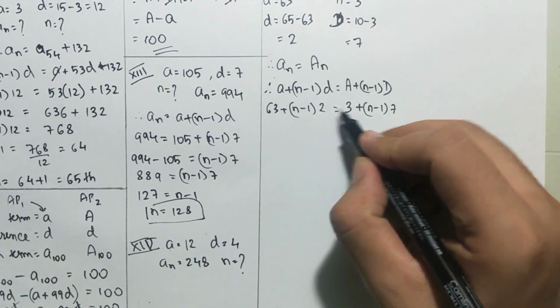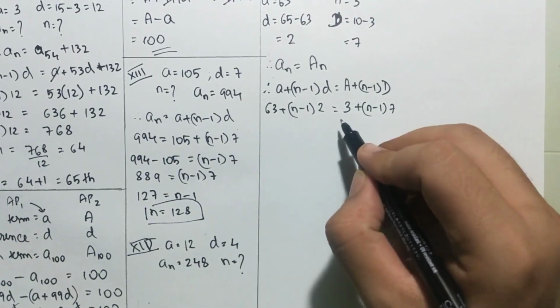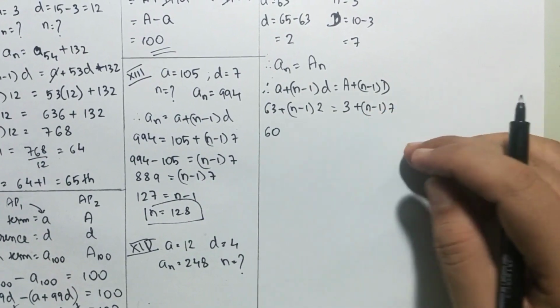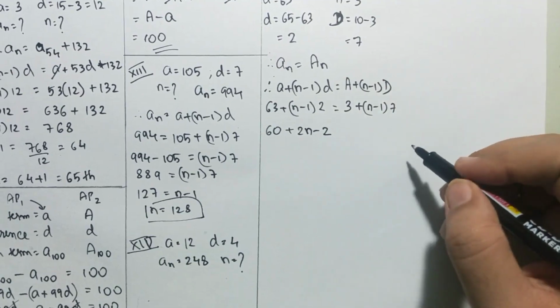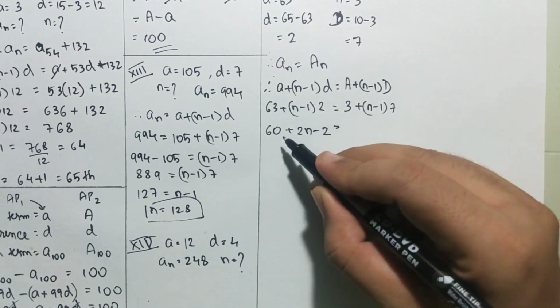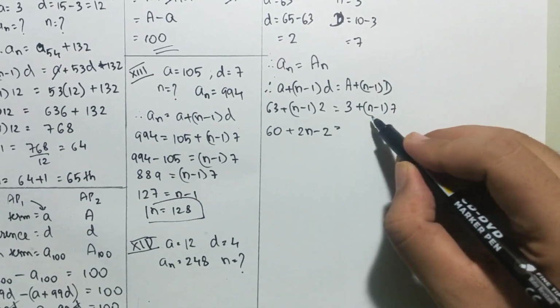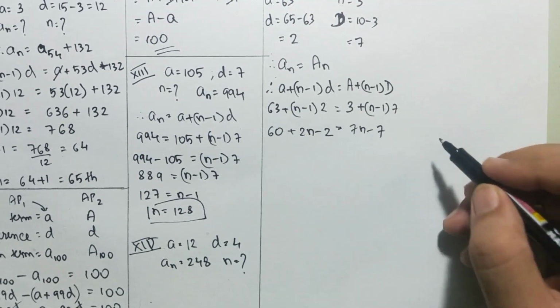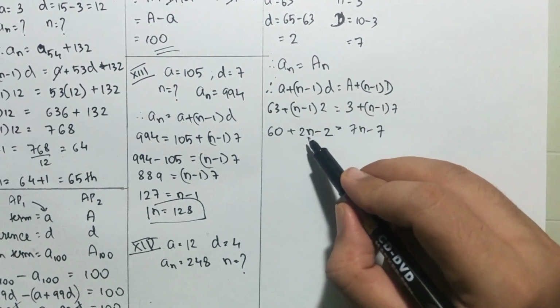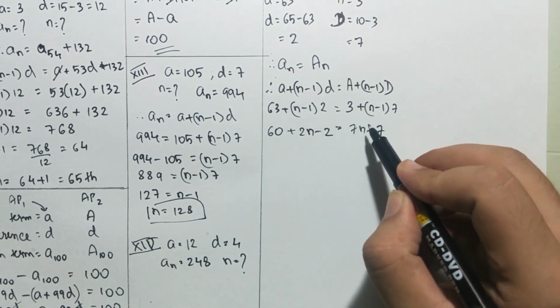This 3 I am taking on this side, so 63 minus 3 will become 60. I am opening the bracket, this will become 2n minus 2. This 3 has been taken on that side, so don't write it again. I am just opening this bracket: 7n minus 7. Now this 2n will go on the right hand side and get subtracted.